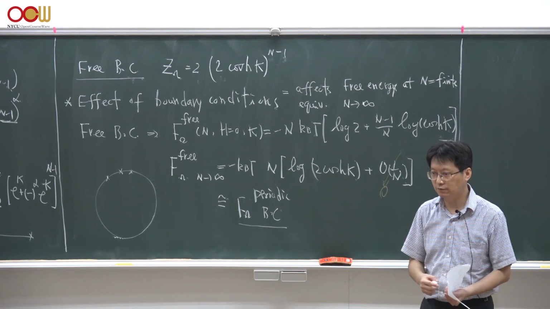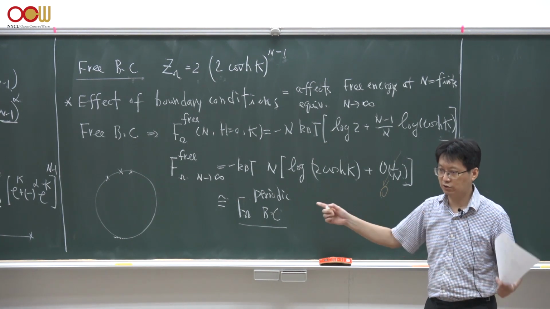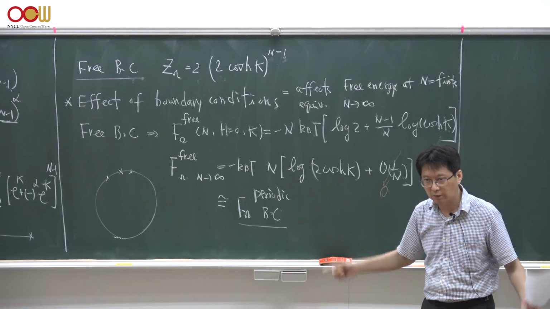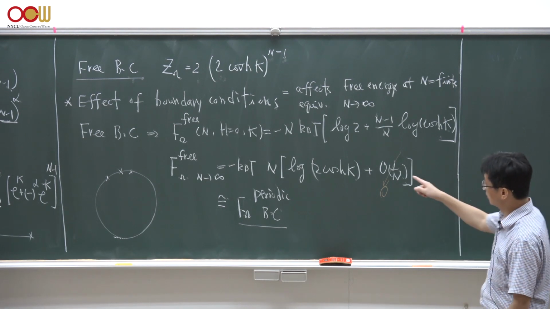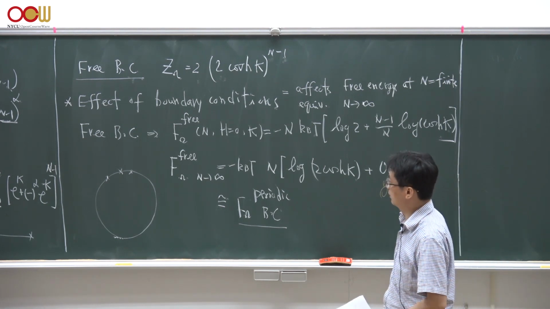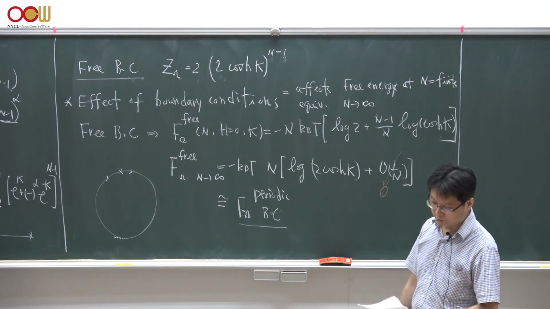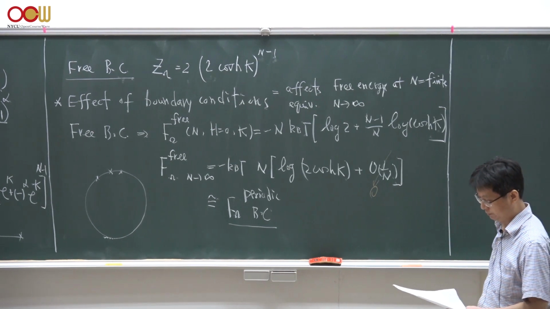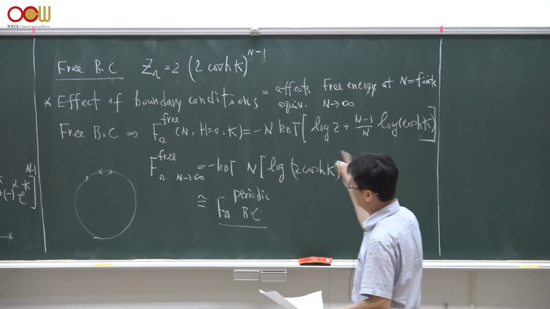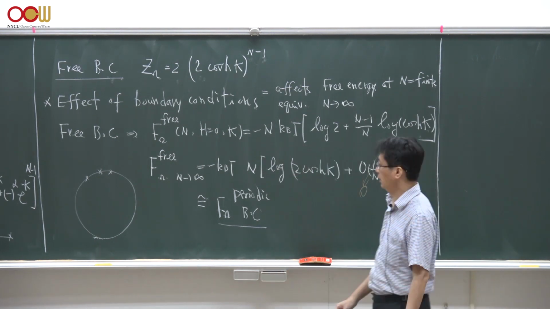Out of this almost infinite number of particles, the interactions at these boundaries don't play a role. And this is really a rigorous proof that boundary condition does play a role at finite size, but it doesn't play any role in the thermodynamic limit. So this is so much for the zero field Ising ferromagnet.